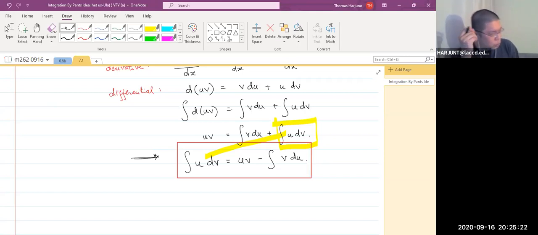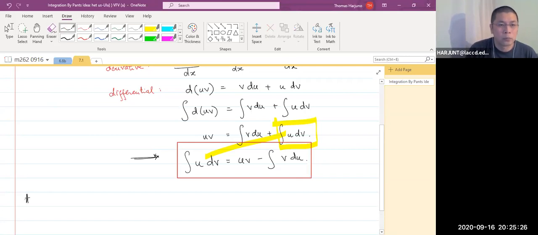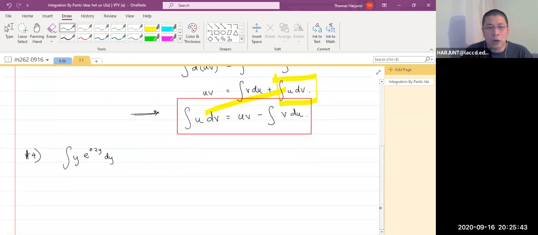Okay, let's do a problem like number 4. Number 4, integral of y e to the 0.2 y dy. Now we need to decide which is our u, which is our dphi.